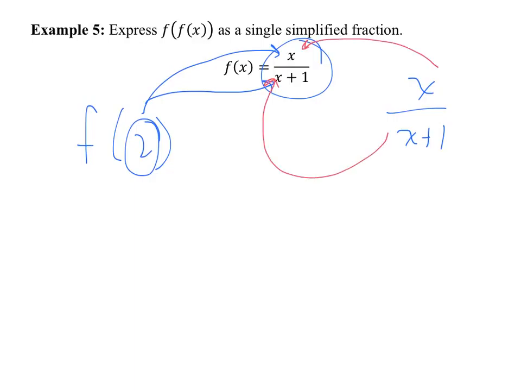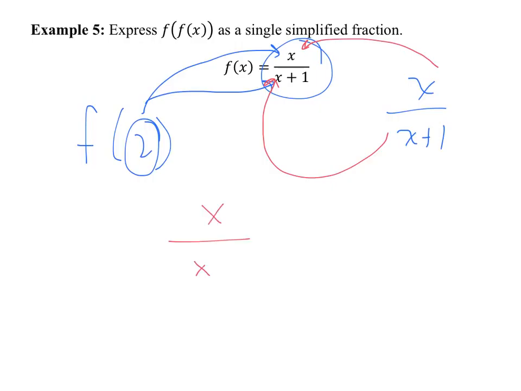So you're taking the function and plugging it into itself. It's a technique that you're going to have to use in calculus. So I thought I'd do this problem. We don't need calculus to do this, but we can at least evaluate a function of itself. Okay? So take x over x plus 1 and plug it into those two locations.